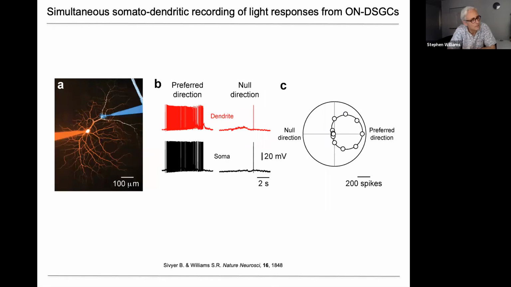And what Ben did when he joined the lab was to make simultaneous somatic and dendritic recordings from these on-DS cells in the intact and active retinal circuit. They have really nice direction selectivity, powerfully responding to preferred direction light stimuli, and really not responding at all when the stimulus is moved in the null direction.